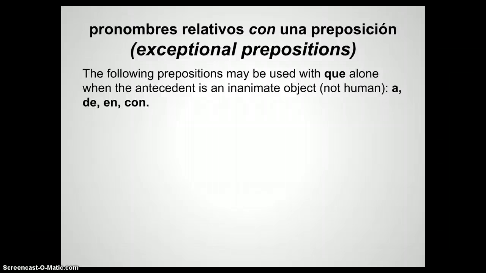Pronombres relativos con una preposición, exceptional prepositions. The following prepositions may be used with que alone when the antecedent is an inanimate object, not a human. So when it's not a human, then we could use prepositions.